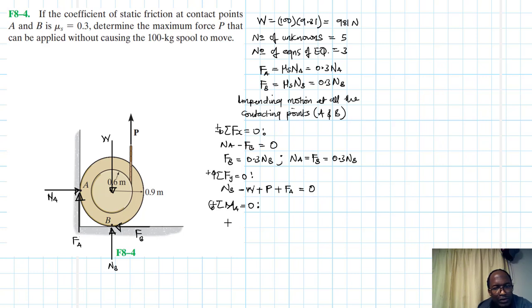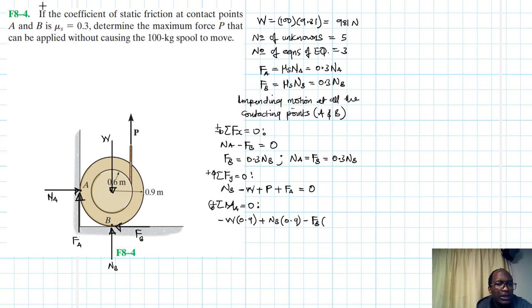So we are going to have a minus moment, that is W times the lever arm 0.9, and then we have plus NB times 0.9, and then minus FB times, what's this distance here?